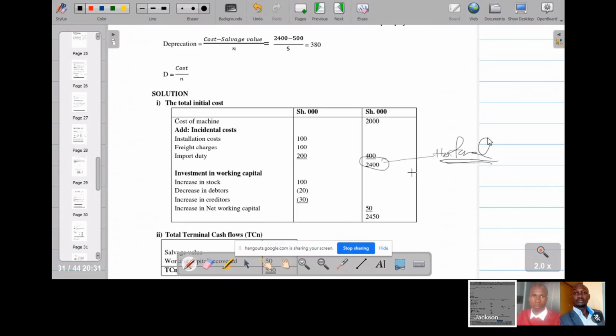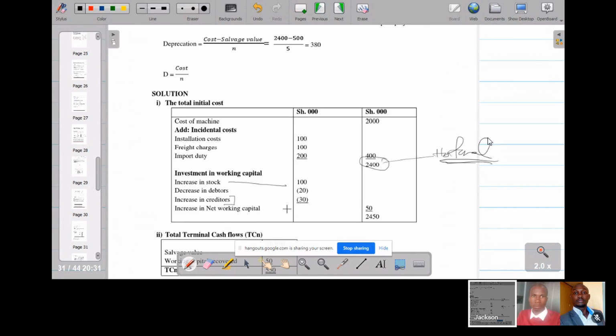So you need now increase in stock. You add debtors, any decrease. Remember, these are assets. If you have a decrease, you deduct. Creditors is a liability. So if we have creditors decreasing, you add.